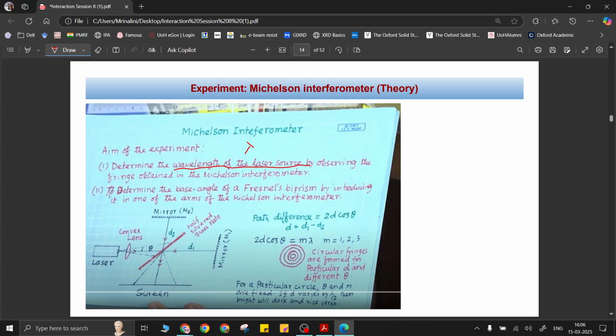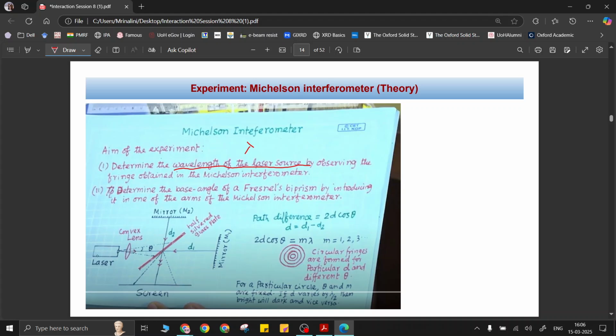In the Michelson interferometer we also get to see rings like this, but unlike the air film or varying thickness kind of film that we were using in the Newton's ring experiment, here we are using mirrors instead of lenses.